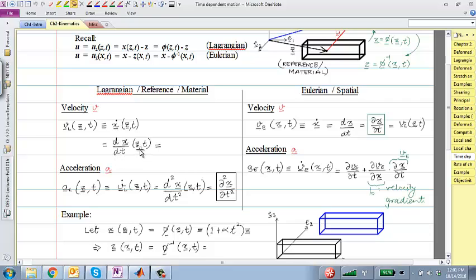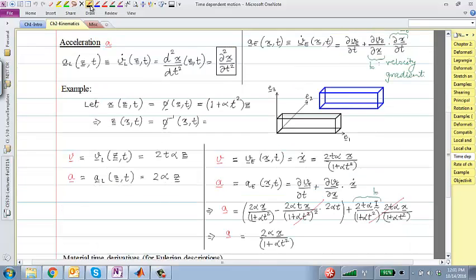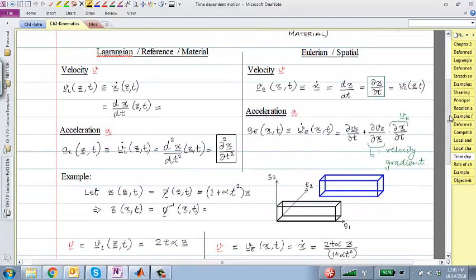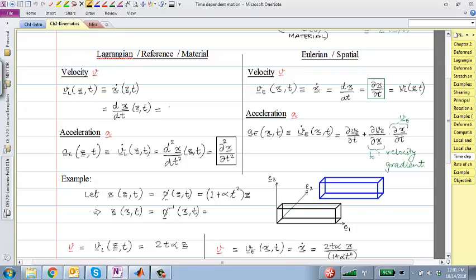This can be written using the chain rule as partial x partial t plus partial x partial z times dz/dt. All I did was apply the chain rule here.